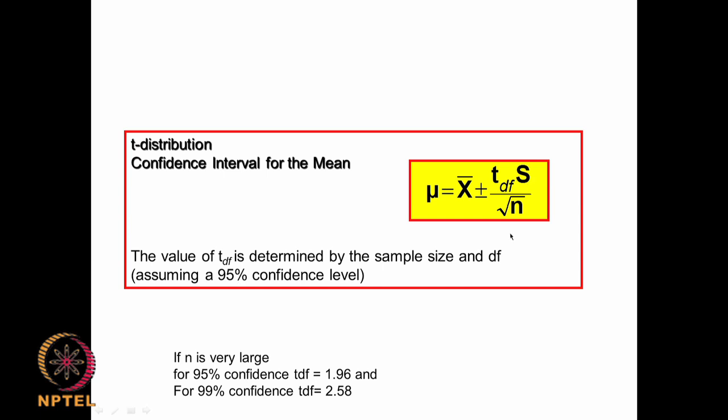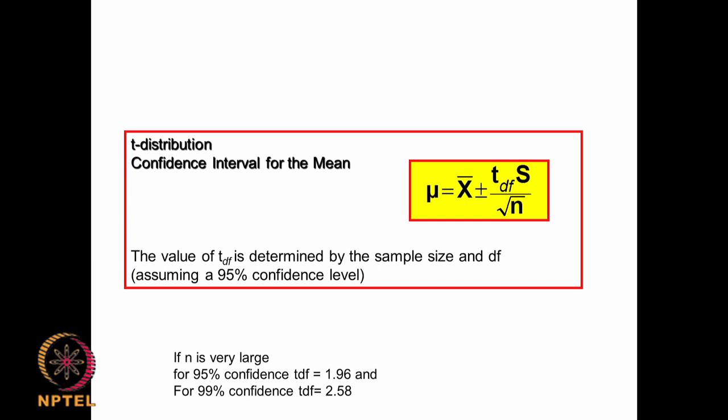This S by square root of n is called the standard error. T is the t value from the t table. I will show you the t table, and for large n, the t value for 95% confidence will become 1.96, and for 99% confidence it will become 2.58.